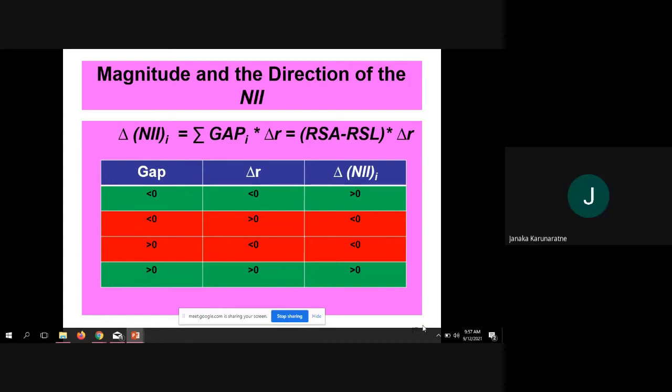So basically, if there is a negative gap and the interest rate declines, the bank would end up with a positive impact on net interest income. That means net interest income will go up. Clear?